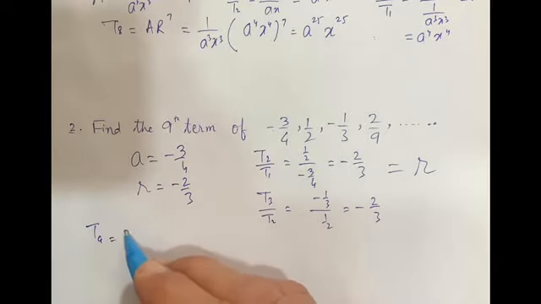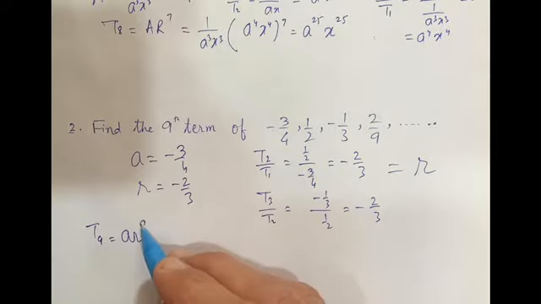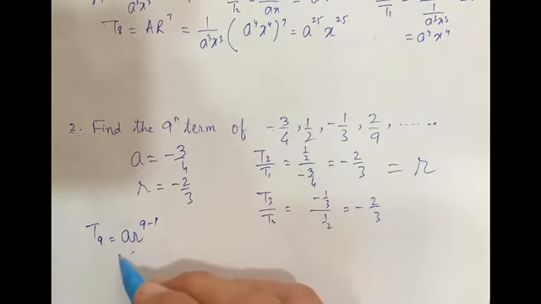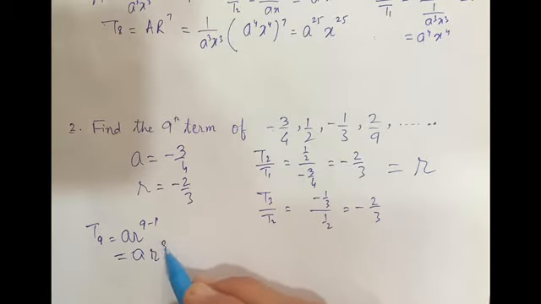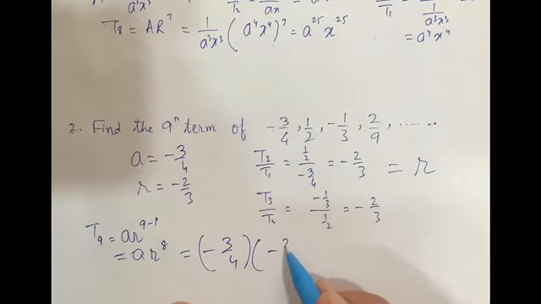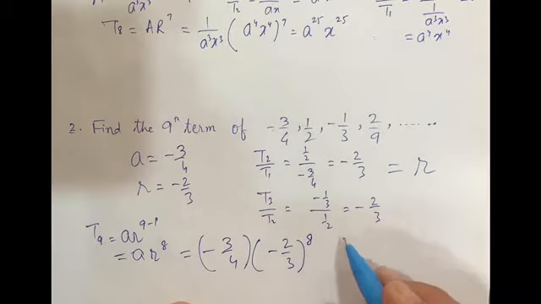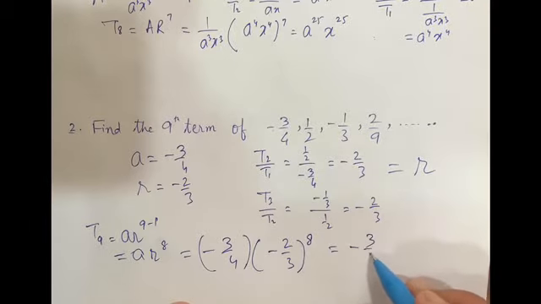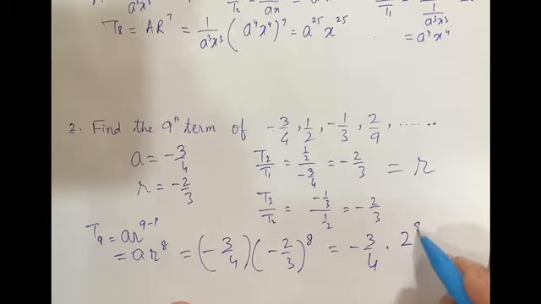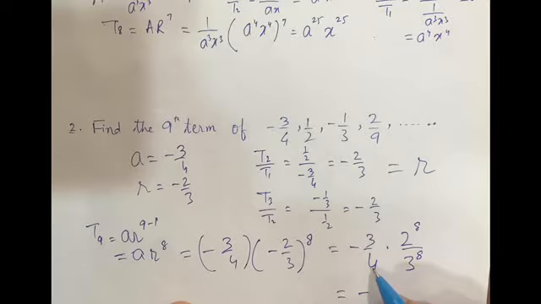So the 9th term is A into R raised to 9 minus 1. That is A into R raised to 8: minus 3 by 4 into minus 2 by 3 raised to 8. This is minus 3 by 4 into 2 raised to 8 upon 3 raised to 8. This is minus 2 raised to 8, 4 is 2 raised to 2, so this is 2 raised to 6, and 3 raised to 8, this is 3, this is 3 raised to 7.